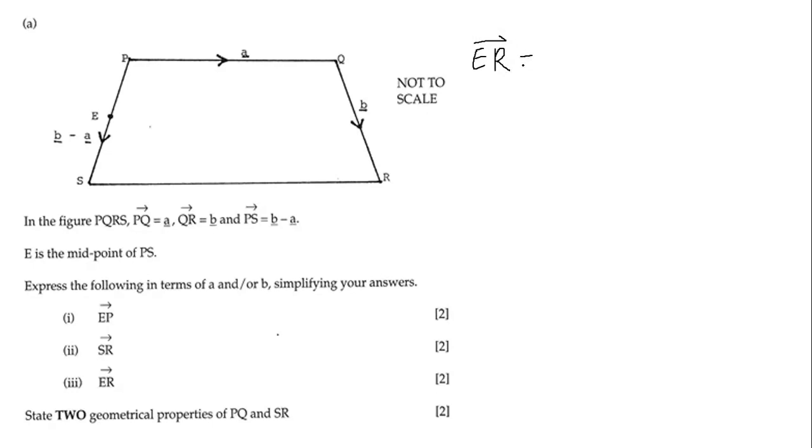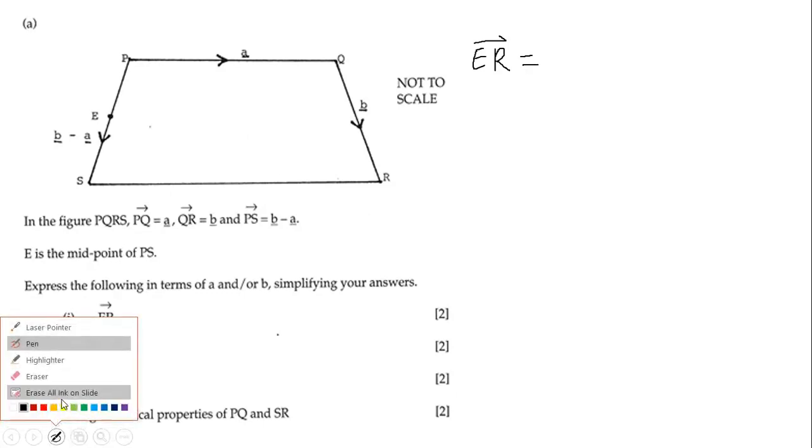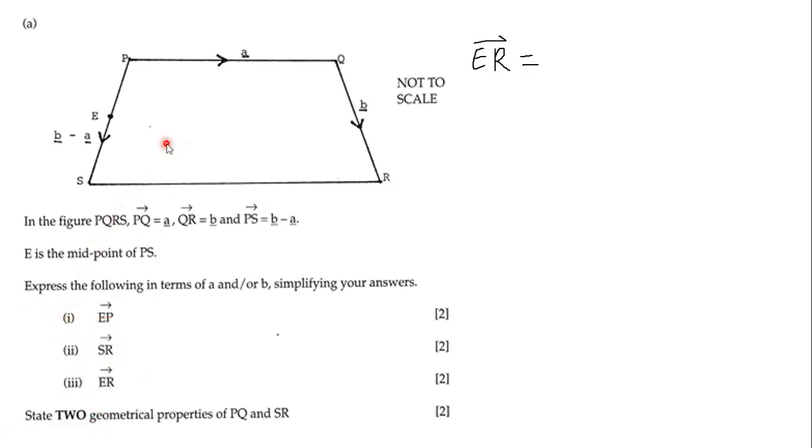So what is ER? If we look at the diagram, we know that if we're trying to consider ER, we have to start at E, right? And end at R. So we got to start at E and end at R.